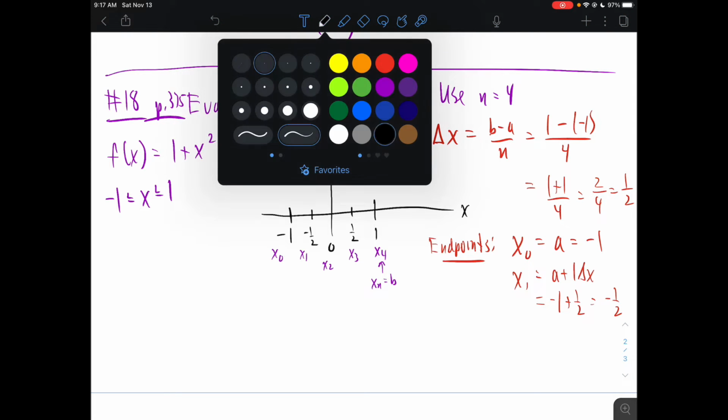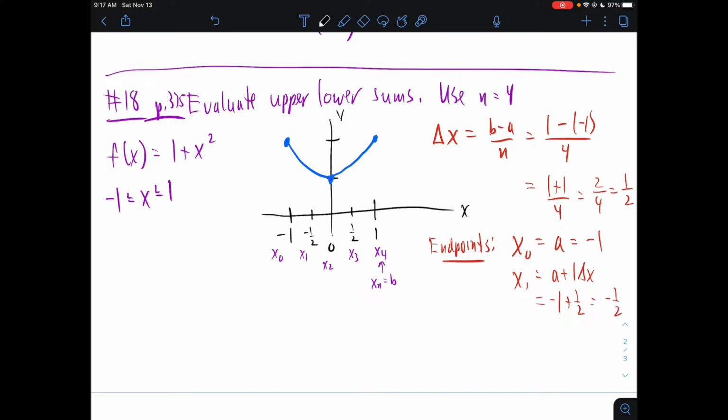So what we're looking for is, we're not going to be taking a limit, we're looking at our estimates, which means what's the sum of the rectangles using right endpoints. In this case, I'd be thinking of R sub 4, and it would be delta x times f of x1 plus f of x2 plus f of x3 plus f of x4.